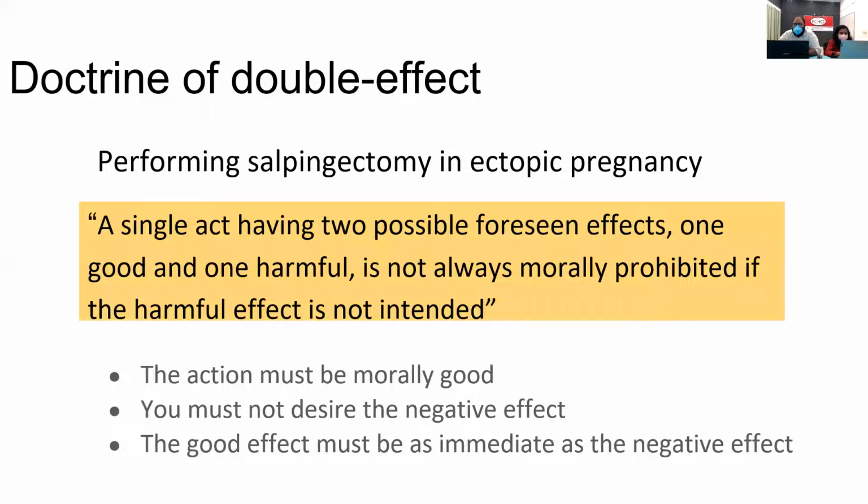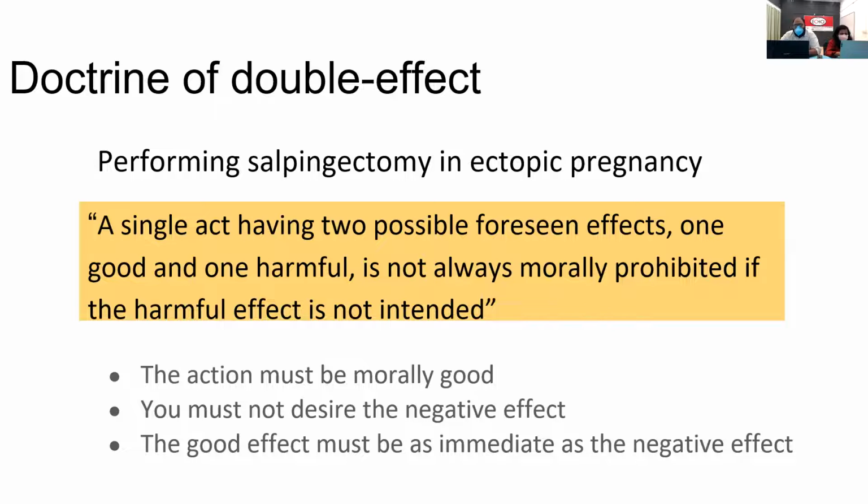If you're planning an intervention for a person, and we expect two outcomes from it, the intervention could have two effects. One would be good and one would be harmful. So we are totally aware of both outcomes, but it's not morally prohibited if the harmful effect is not intended. We are expecting the good effect to happen, not the harmful effect, but we are aware that the harmful effect is going to happen.